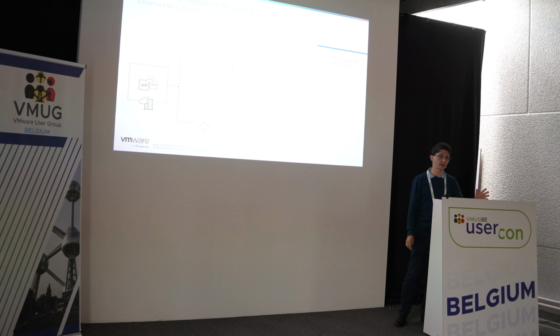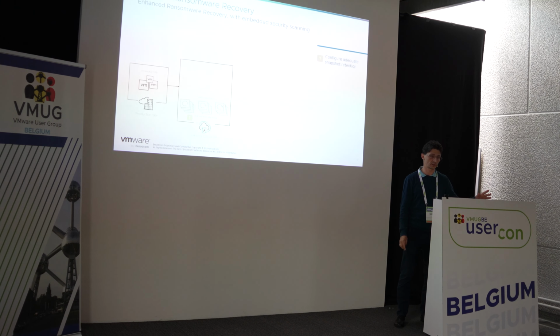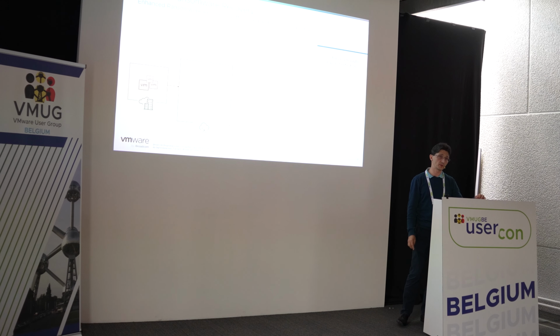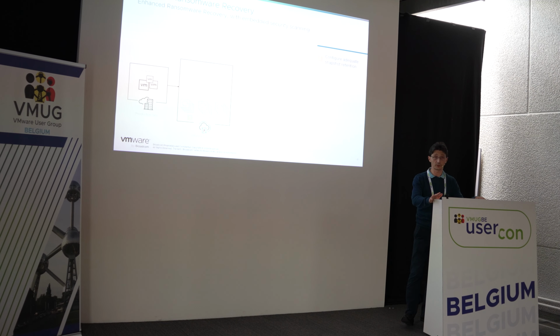So in the past it would happen almost immediately, but nowadays this can take months. So you need a long enough retention period so that you actually have healthy snapshots. And the cyber recovery solution helps a lot with that, with its deep history.